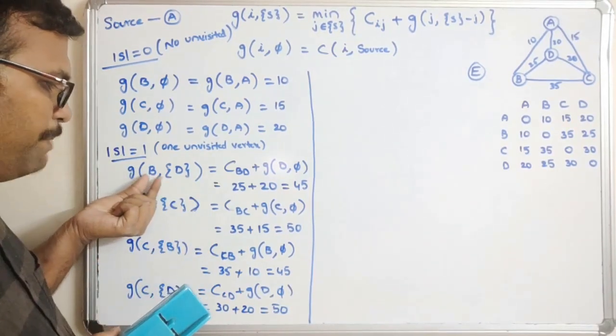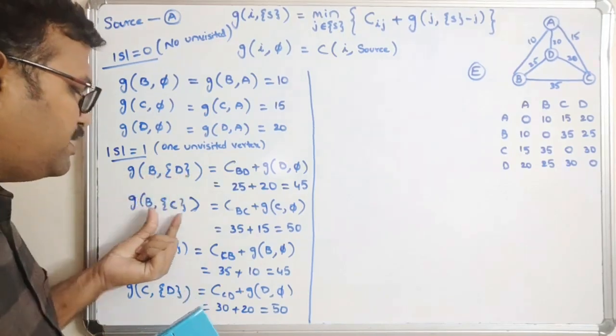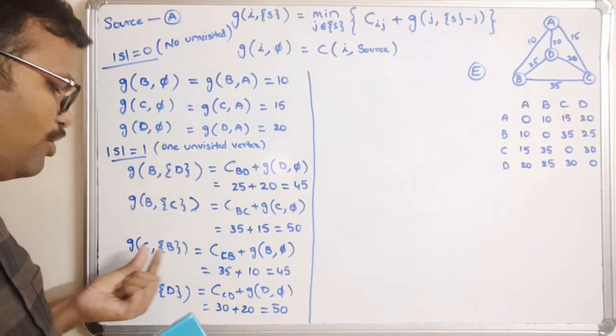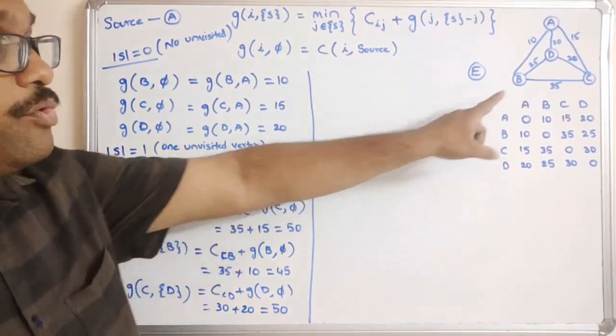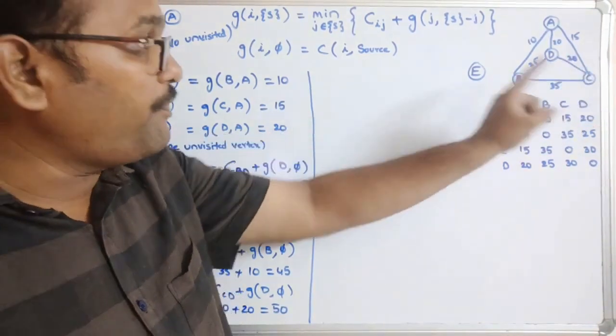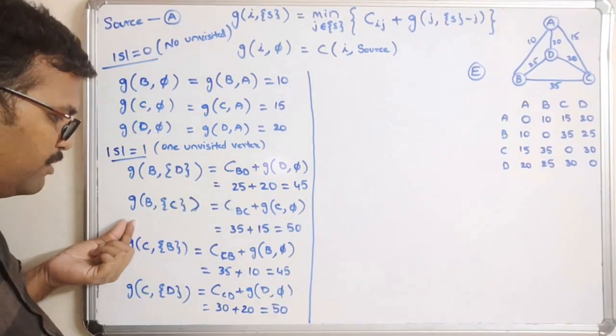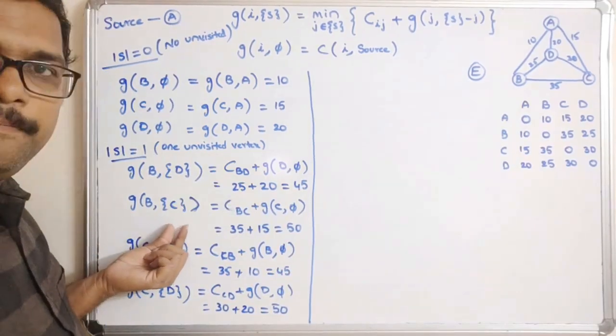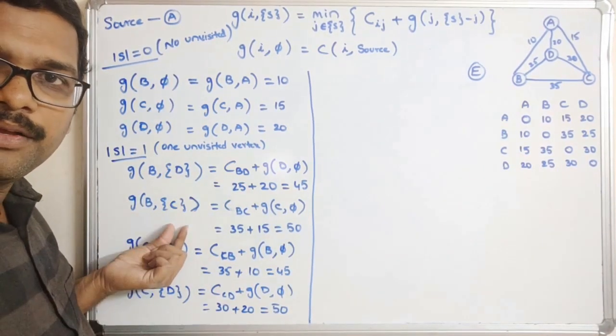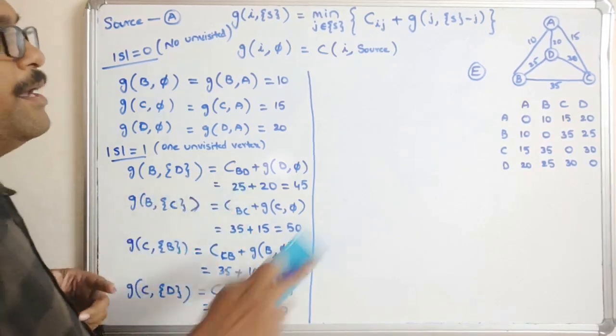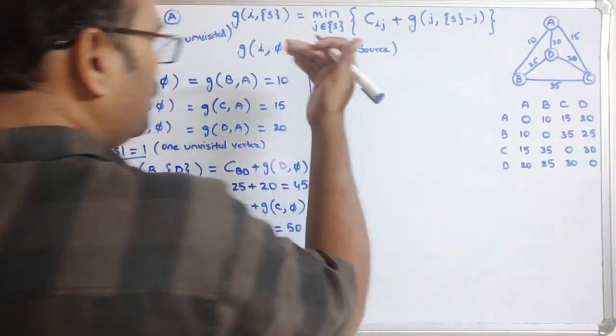So if you consider B, B to D and B to C. If you consider C, C to B and C to D, because we are having only 4 vertices. So if our graph is having a 5th vertex, so here we will get one more thing, G of B comma E. Okay, that's also one possibility. The same thing, right?